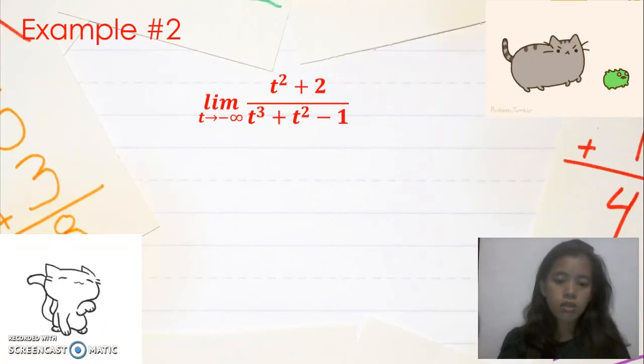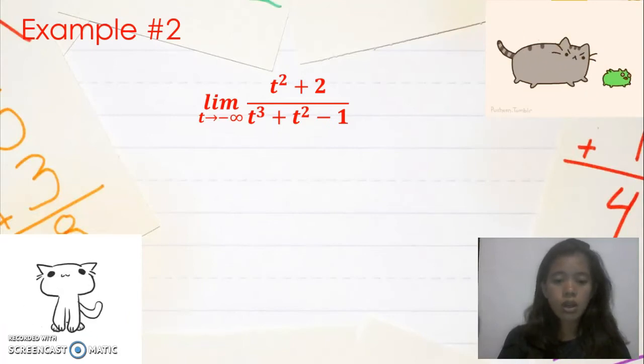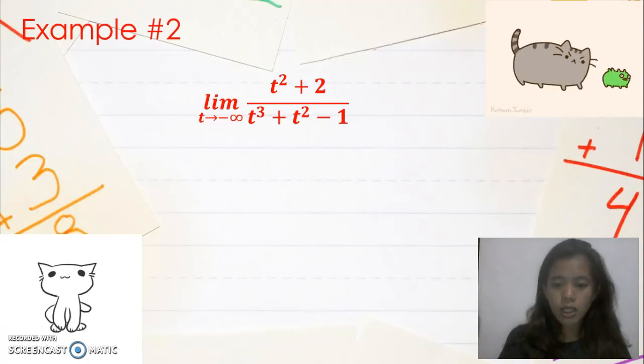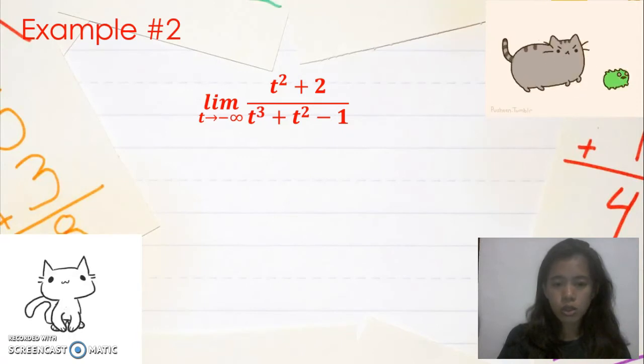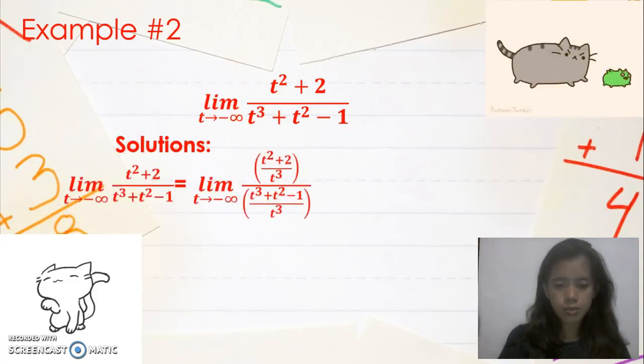Notice that the limit of the top is infinite and the limit of the bottom is also infinite. So we must divide the numerator and denominator by the highest power of t in the denominator, which in this case is t cubed. So here is the solution.